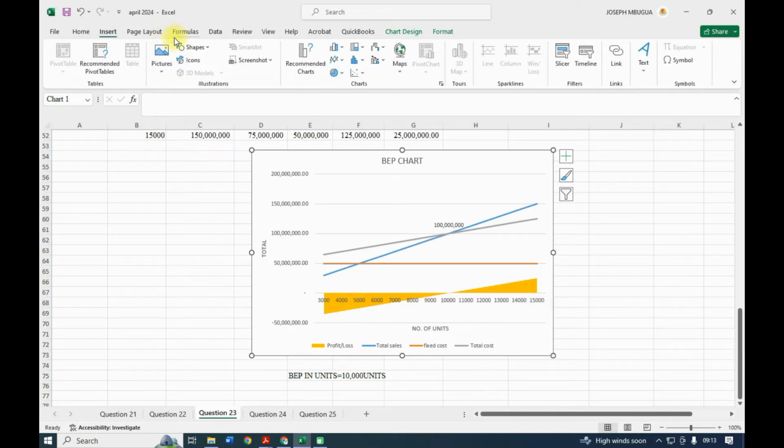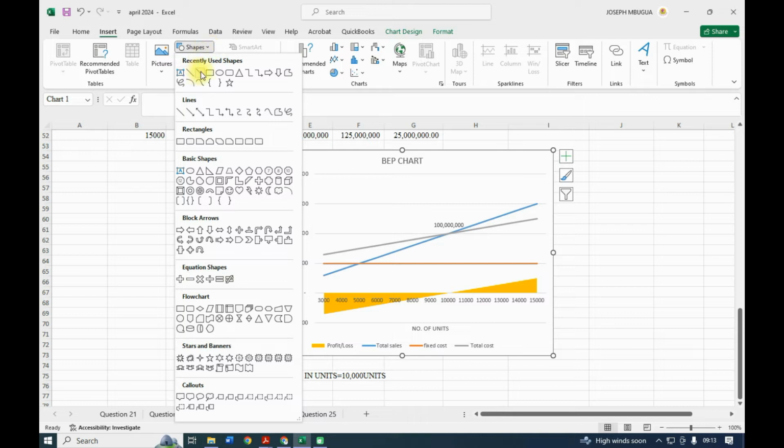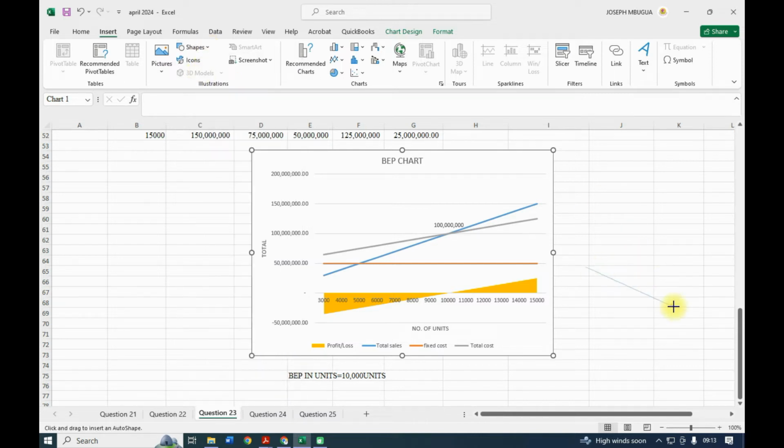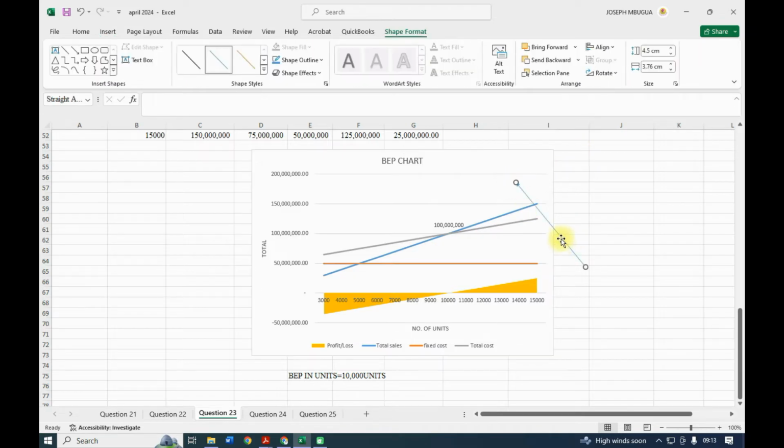The only thing we shall do is insert a shape to indicate that. Let me use the arrow, and I just bring my arrow here and say that this is my profit area.